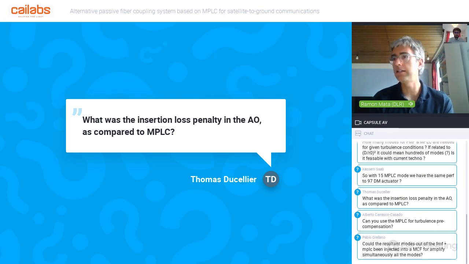Usually in the lab we get like 60-70%. If there is no distortion, we go closer to 70%, and I assume it's about 3 dB, 3-4 dB loss during the operation.